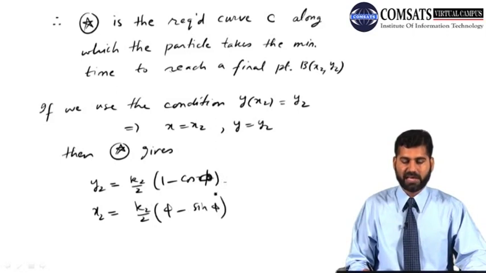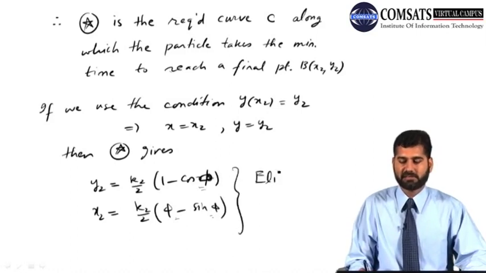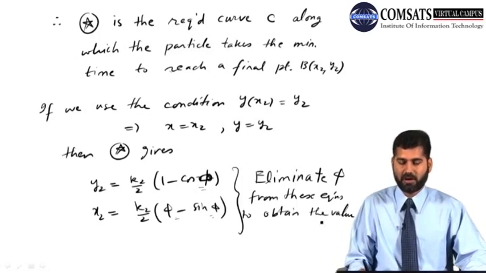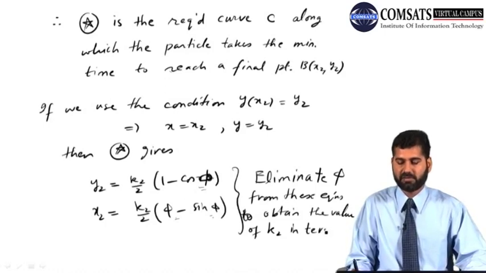All right. Because x2 and y2 are fixed, k2 is fixed, but phi is not fixed here. So we can eliminate phi from these two equations to obtain the value of k2 in terms of x2, y2.